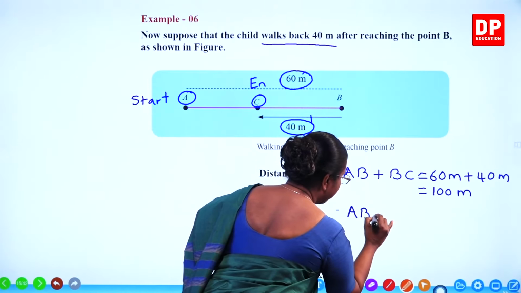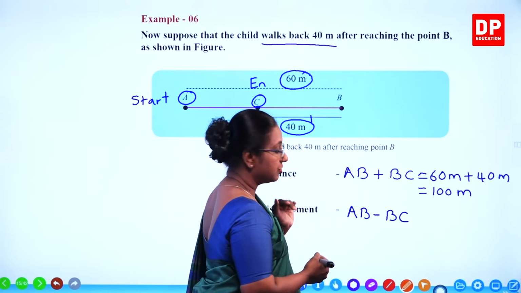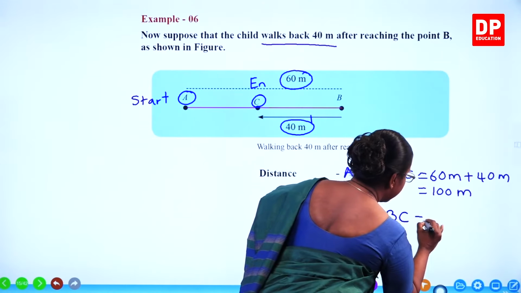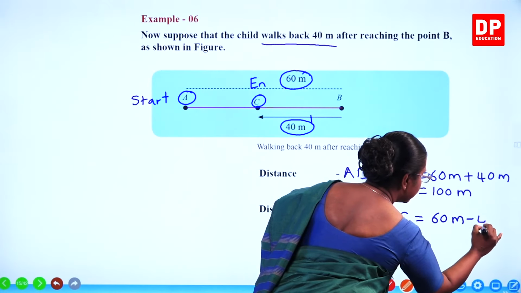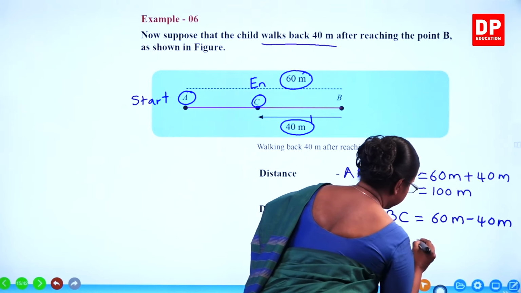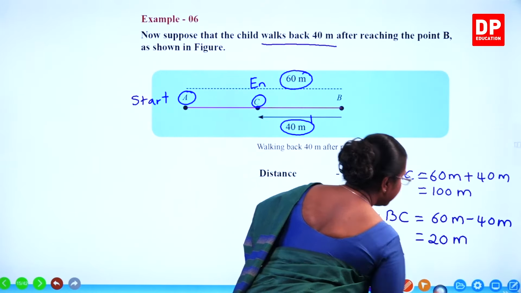AB minus BC will give you the magnitude of the displacement. That will be 60 meters minus 40 meters. So the value will be 20 meters.